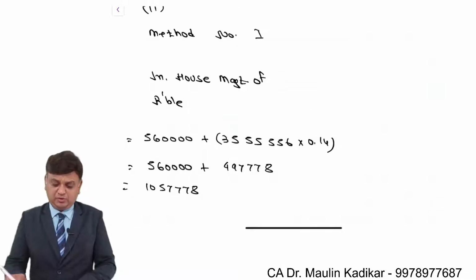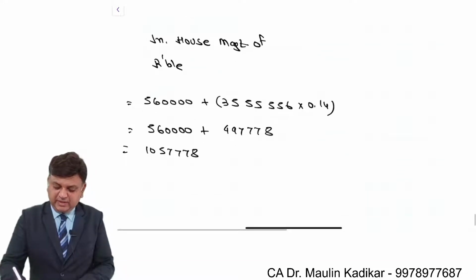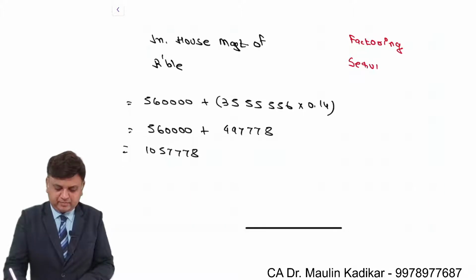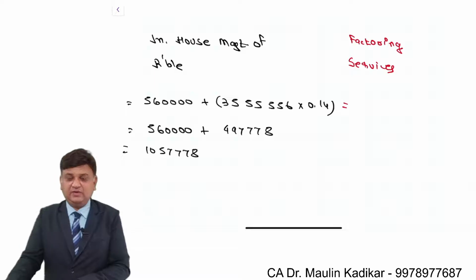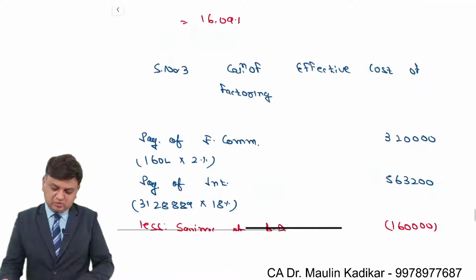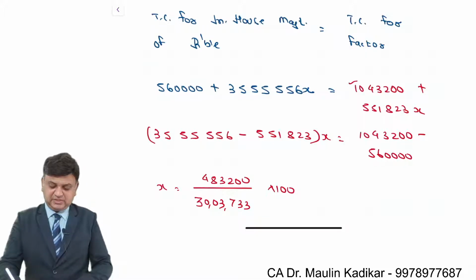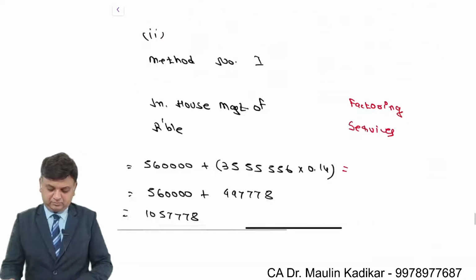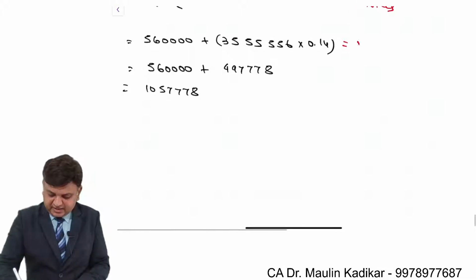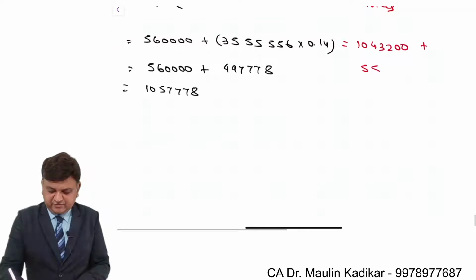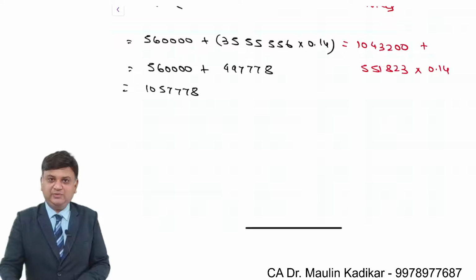Similarly we are required to make the comparison of this with the factoring services. If at all we appoint the factor, then what is the cost? The cost is 10,43,200 plus 5,51,823 into, again the cost of capital is 14%.